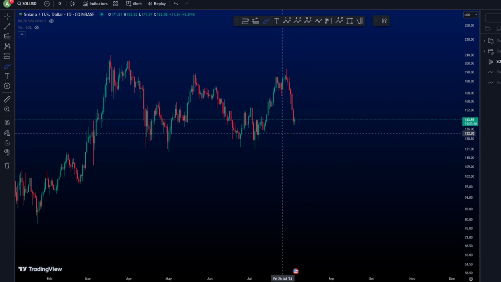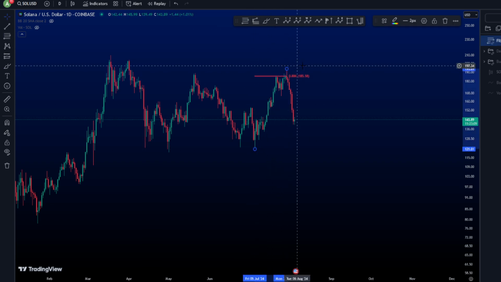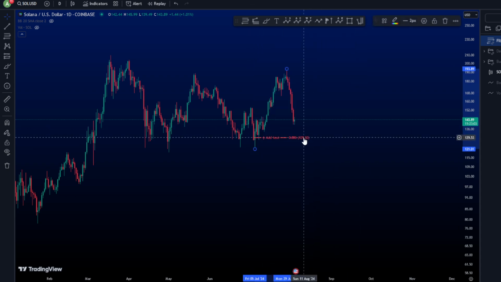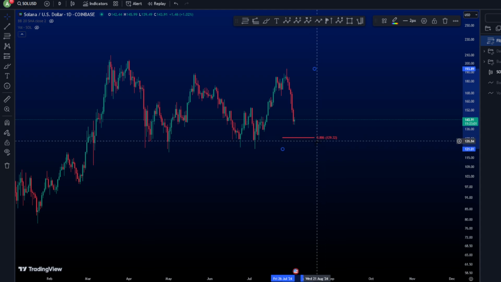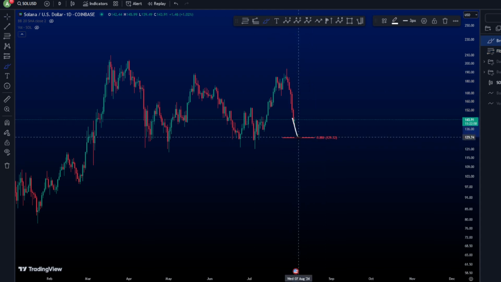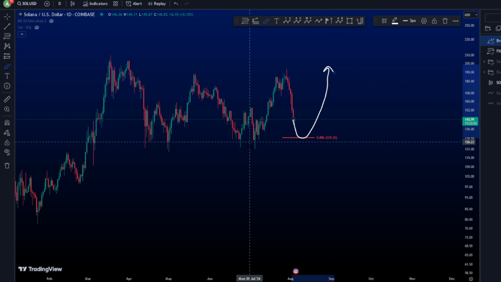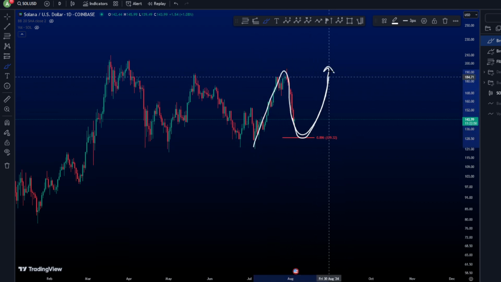Now, of course, the worst case scenario is that we go to the 0.886 of this. Let's reverse, right? Touching the 0.886 of the wave 2, as I mentioned before. In that case, we're not going to see a higher high. Okay, it's going to go up, but it's going to end with a regular flat.